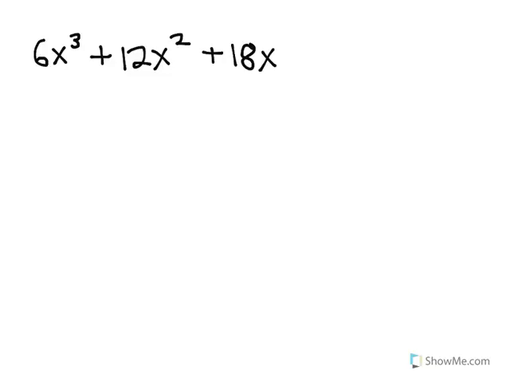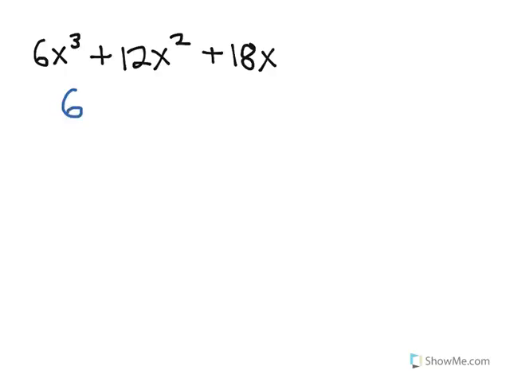So our first question to ourselves should be, what is our greatest common monomial factor? In other words, what is the greatest coefficient that'll go into 6, 12, and 18? And that would be 6.